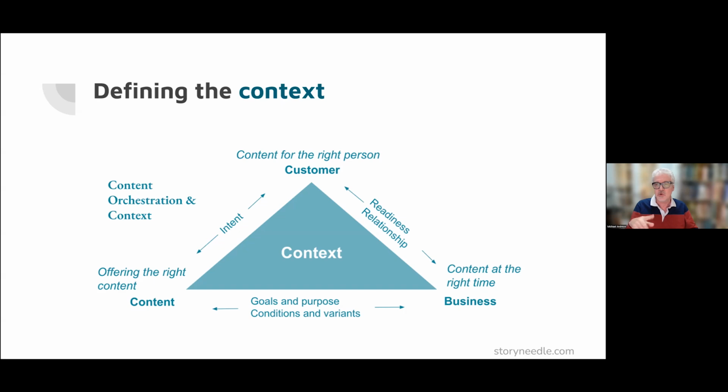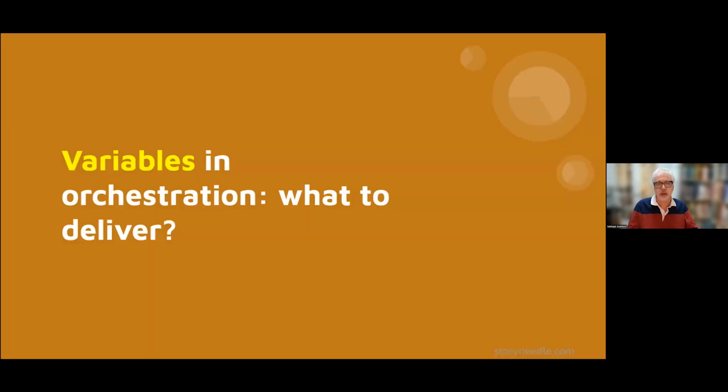And we need to coordinate all three of these different elements, the customer, the content, and the business, and make sure that they're all in harmony when we do the orchestration. And this gets into a lot of variables. And the variables are deciding what it is that we deliver.